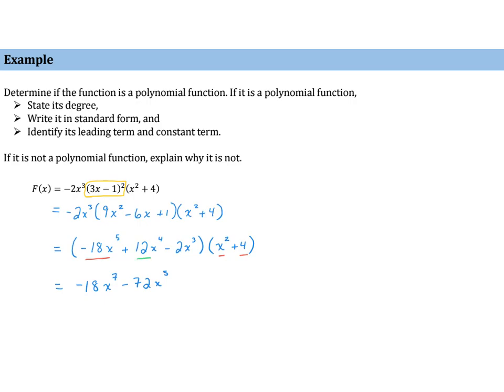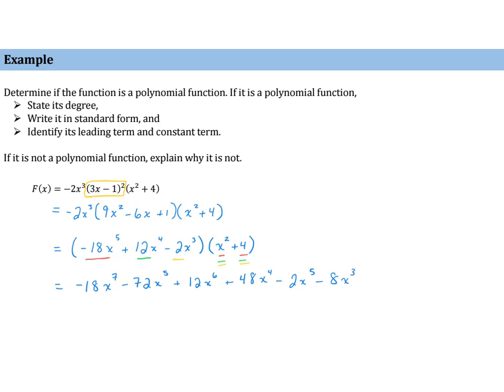Then we have 12x to the 4th times each one of those two terms, which will give us plus 12x to the 6th plus 48x to the 4th. And lastly, we have negative 2x to the 3rd times each one of those, so we have negative 2x to the 5th minus 8x cubed.